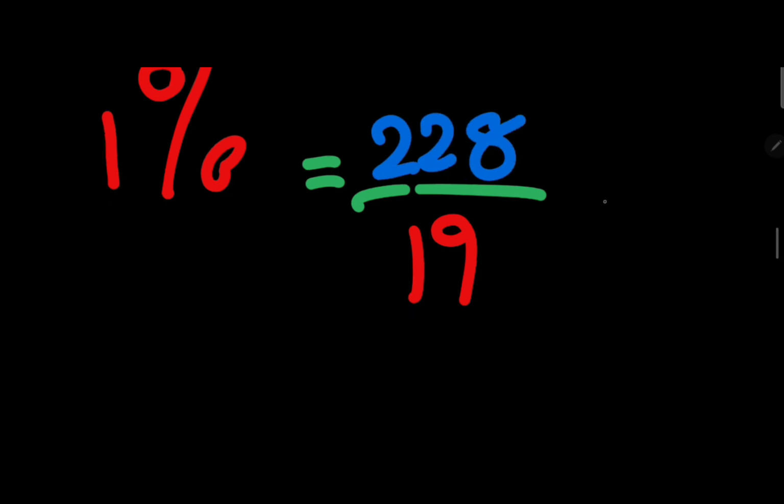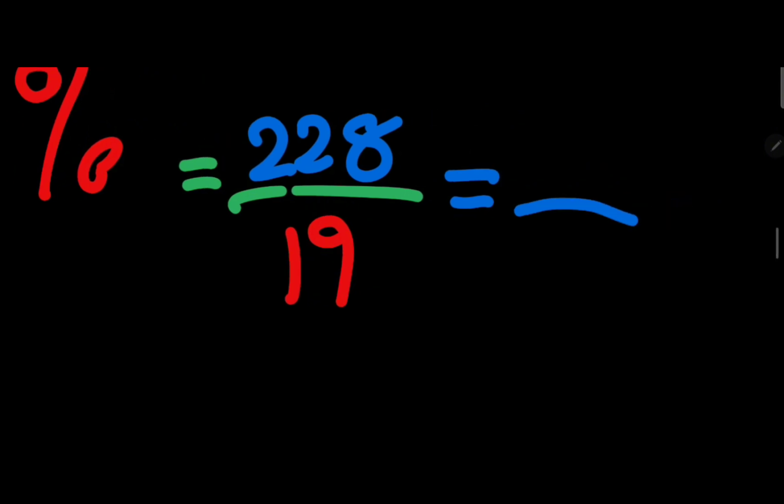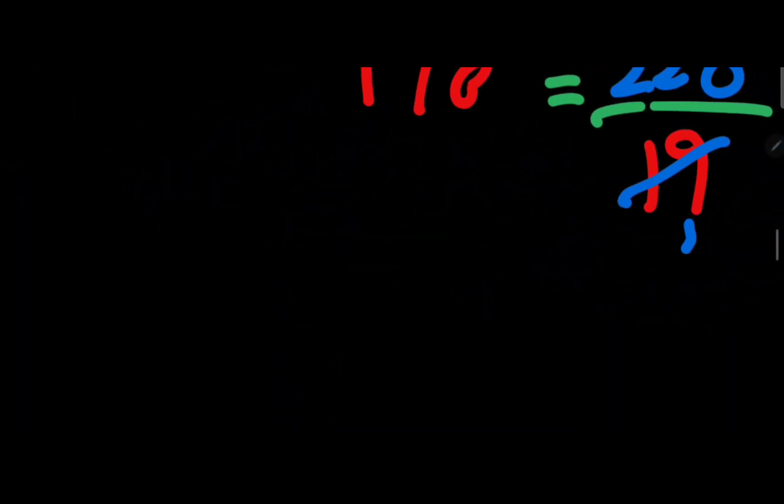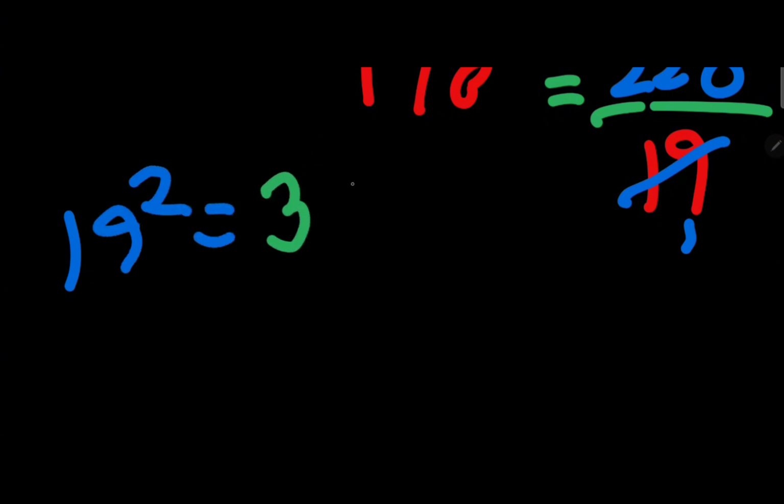We know that 19 can go into itself once. Well, how many times can 19 go into 228? Well, 19 squared, which is 19 multiplied by 19, is 361. You always need to know your squared numbers when you're dealing with problems like this. Just in maths in general.